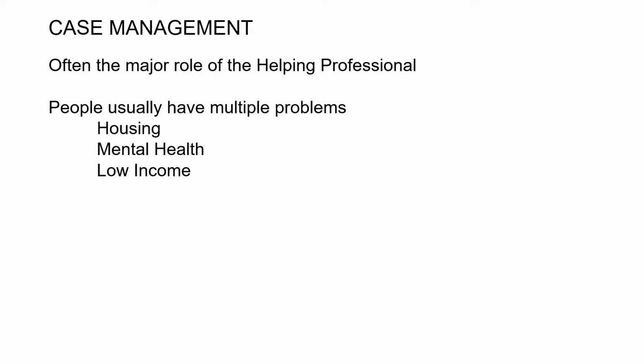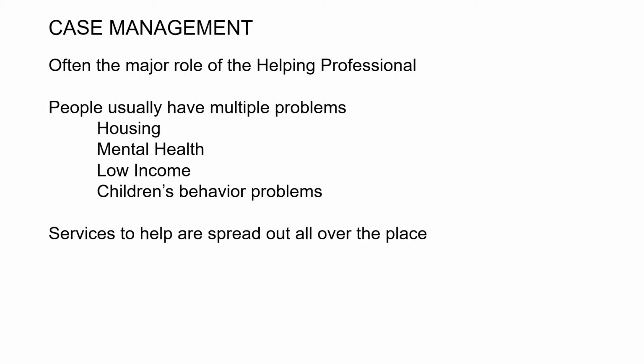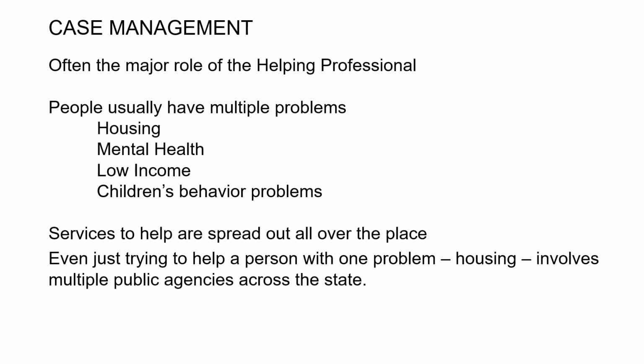They probably have a very low income because they cannot afford housing. If they have children, the housing issue, the stress, the poverty may very well be impacting how the children are behaving. So people have multiple problems, but the services to help these problems are spread out all over the place, and they don't even talk to each other.